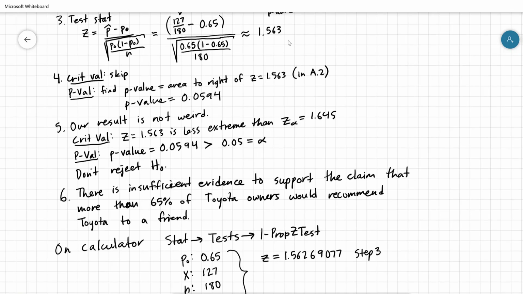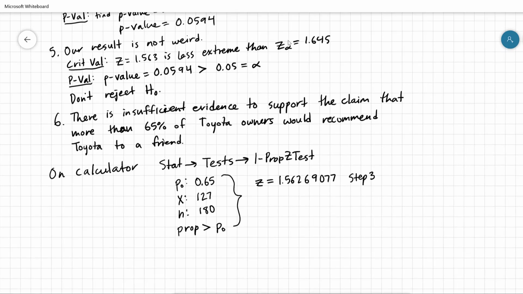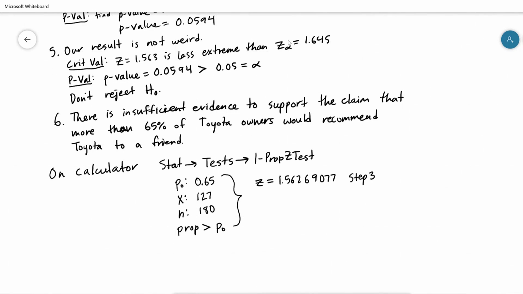We no longer have to go try to use this increasingly crazy formula, and the formula is only going to get worse in chapter 11, so do it on the calculator. It gives us the result from step 3, and then it also gives us the p-value. In this case, the p-value, the calculator just uses the letter p for it, is 0.0594. Good enough. Step 4. And it also actually gives us what we're calling p hat.